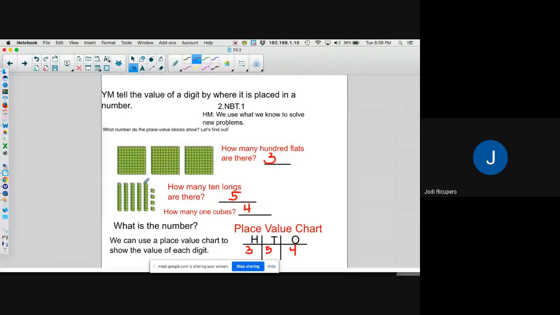There are 5 longs, 10, 20, 30, 40, 50, and 4 ones, 1, 2, 3, 4. The place value chart tells us its value. This shows that it's 3 hundreds. This shows that there are 5 tens and 4 ones.